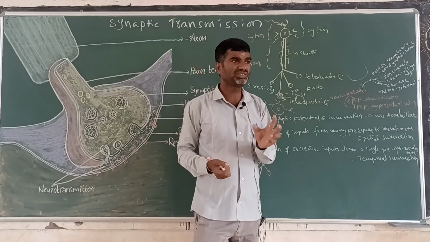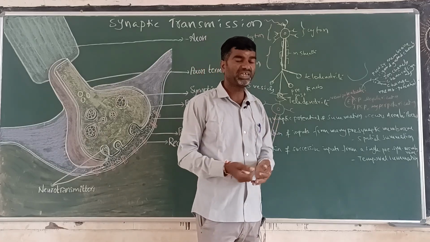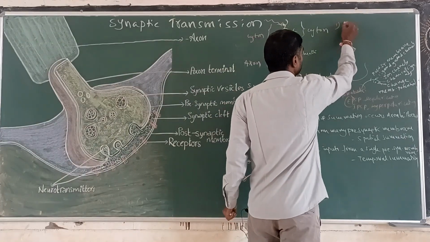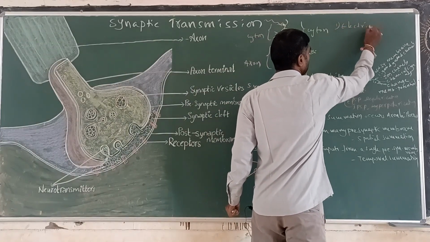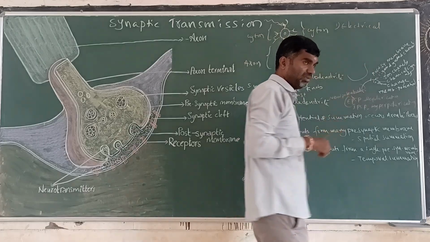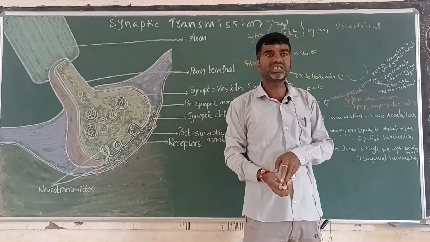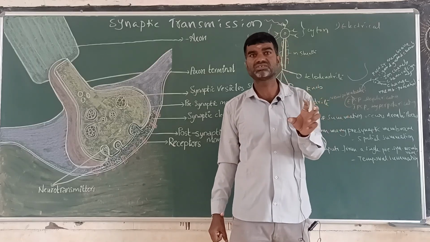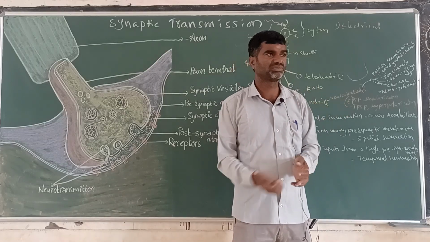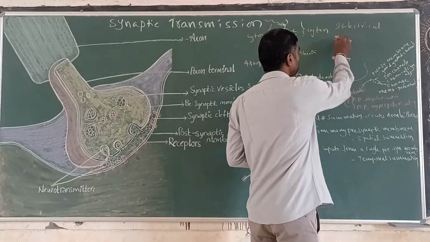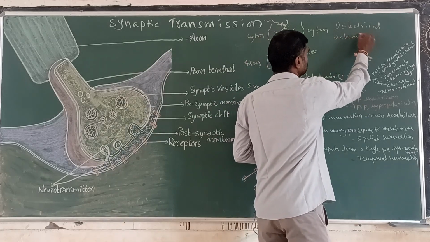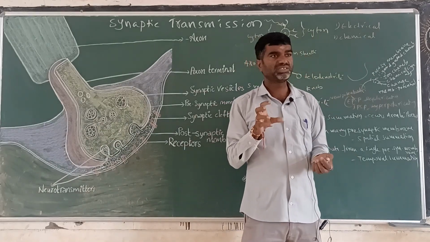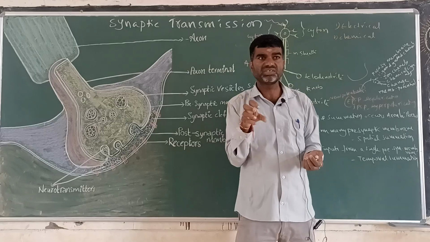The synapse is mainly of two types: electrical synapse and chemical synapse. Number one is the electrical synapse. In an electrical synapse, the messages are sent very fast compared to the chemical synapse. It generates electrical impulses from one neuron to another neuron.